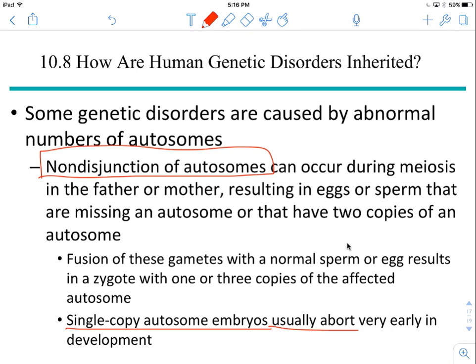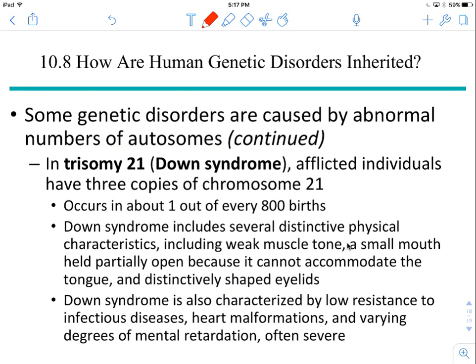If you have the gametes with double copies, fertilize normal sperm and egg, the zygote will have 3 copies. And the one we see most often is trisomy 21 or Down syndrome.